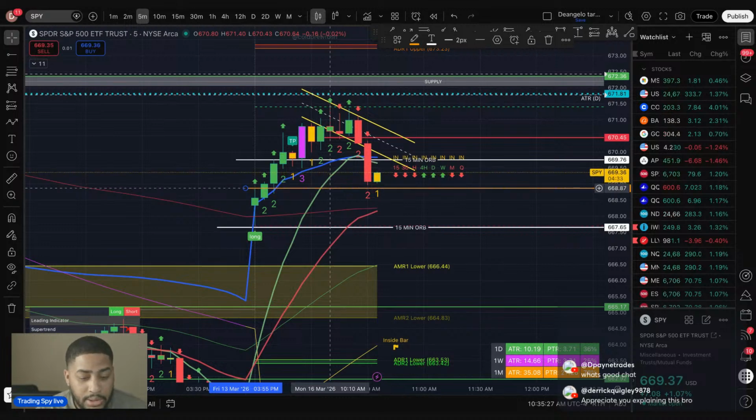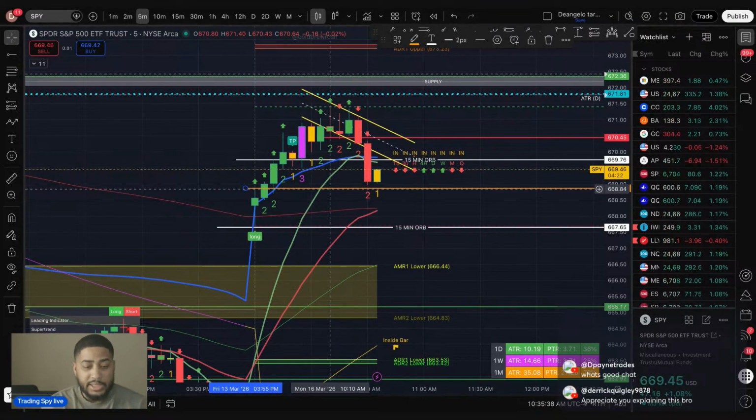I didn't want to chase, because my favorite is I like to play gap closes, but we are in a weird area, because now we double gapped. The market is in a space where we got gaps above us that haven't been closed and gaps below us that haven't been closed.